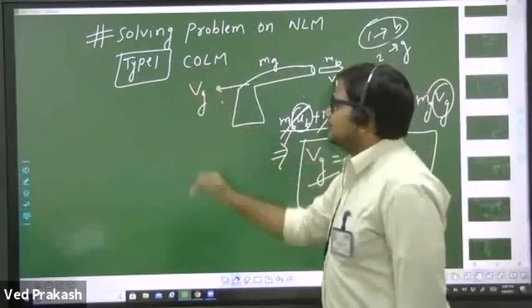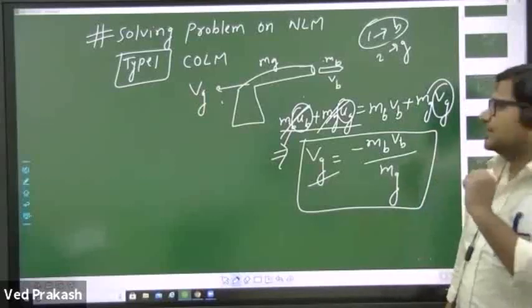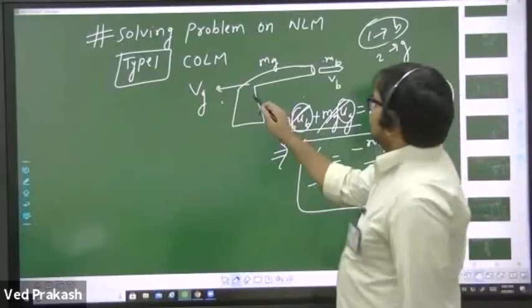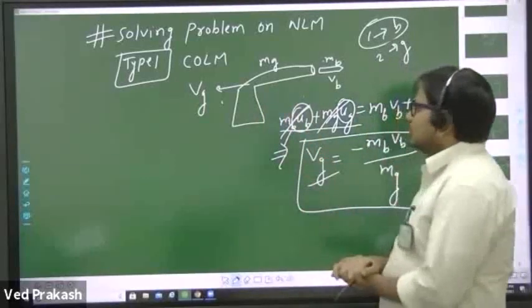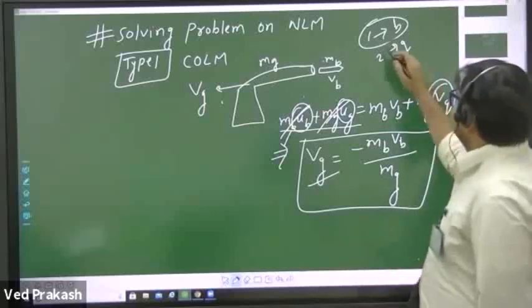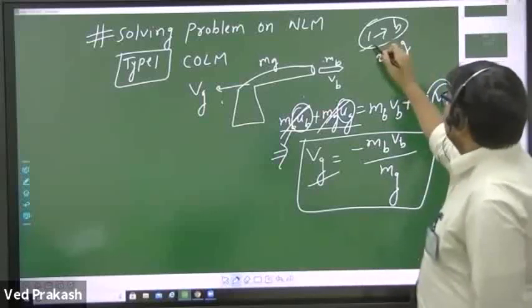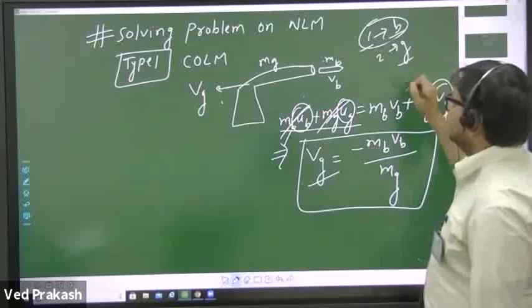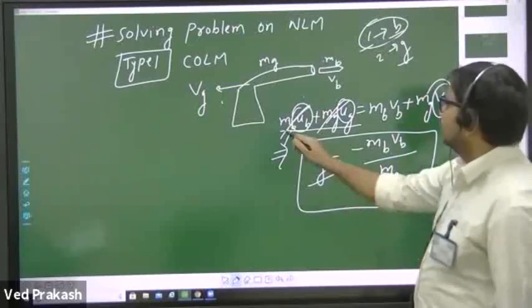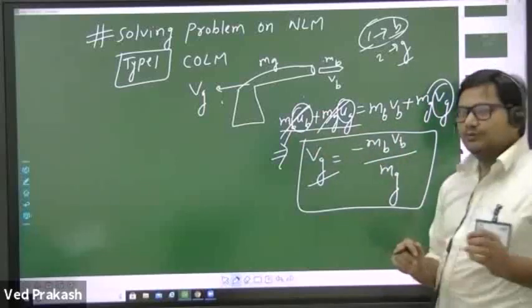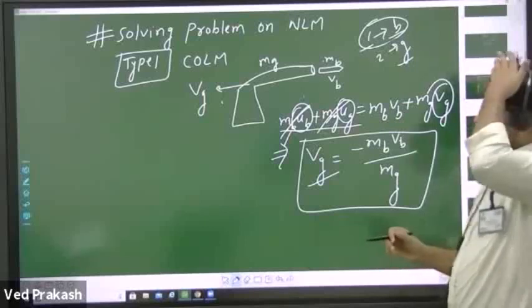So the first type is problems based on conservation of linear momentum. Here I have taken an example of a bullet gun system where I will use 1 for bullet and 2 for gun. We already learned this formula m1 u1 plus m2 u2 equal to m1 v1 plus m2 v2.